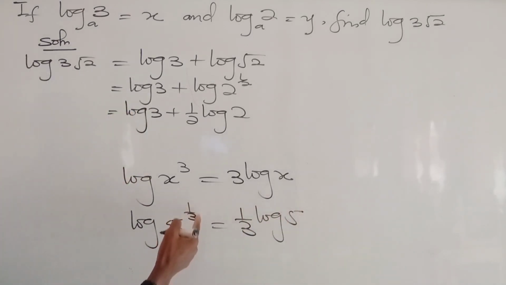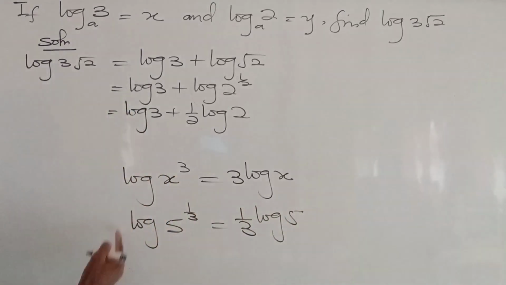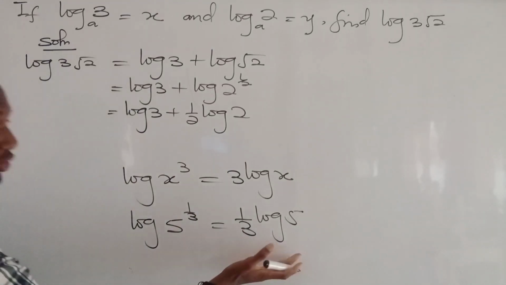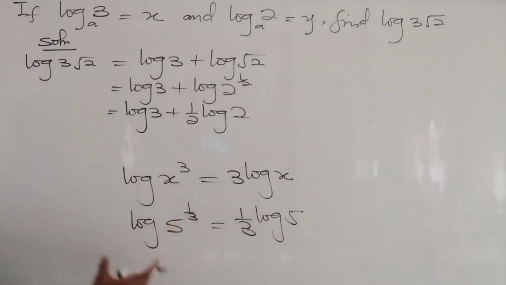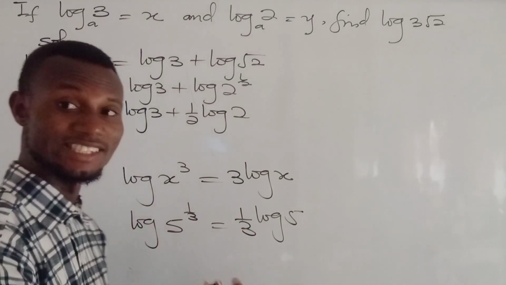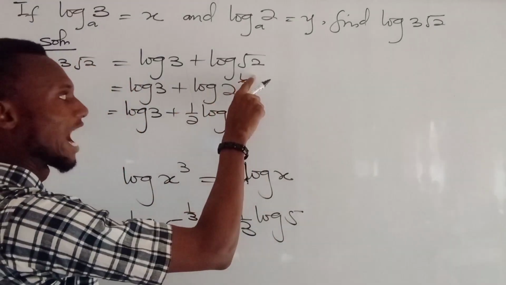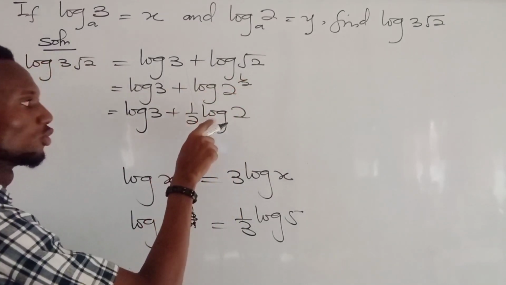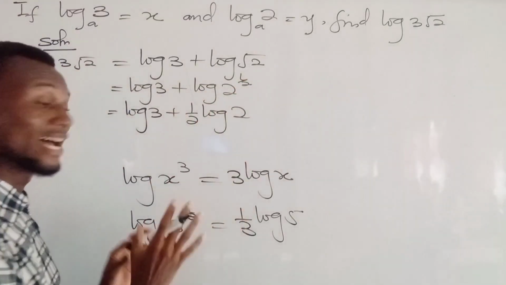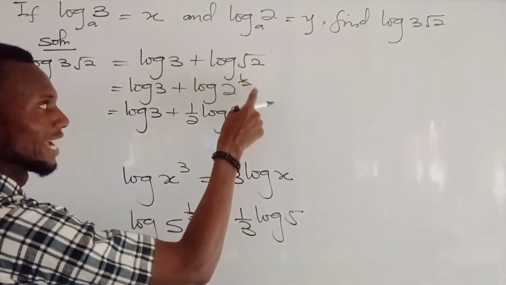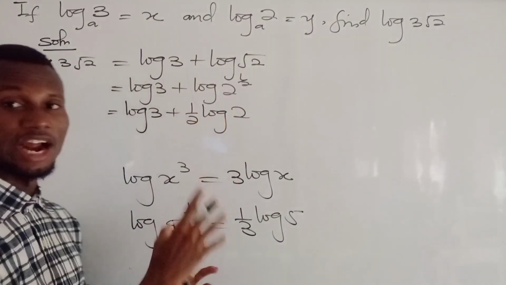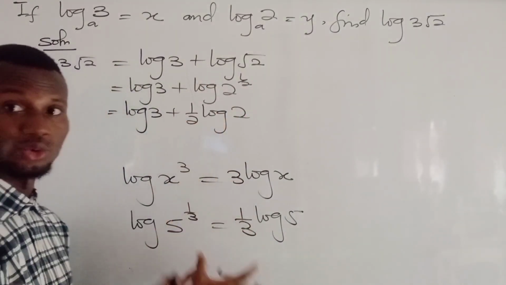That's the rule we apply to write log 2 to the power half as 1 over 2 log 2. So the power 1 over 2 comes in front of the logarithm sign, as I've used this to explain it to you.